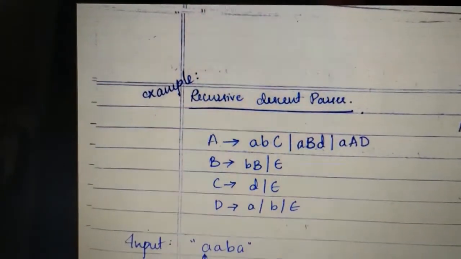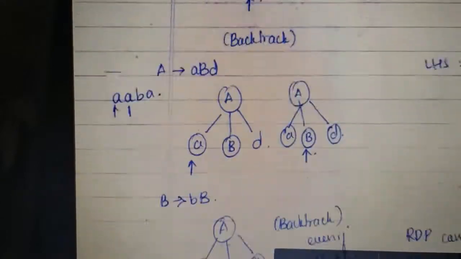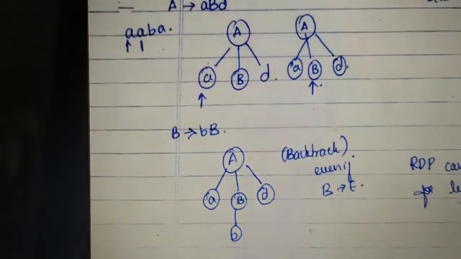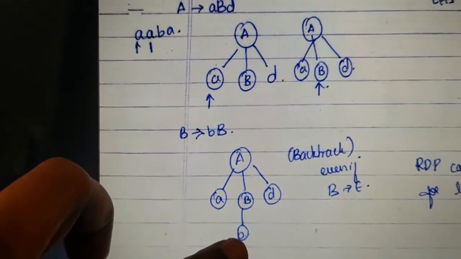So what do we have in B? B / epsilon. So if we replace this B with b, again the next terminal value is a, and what we are getting here is b.